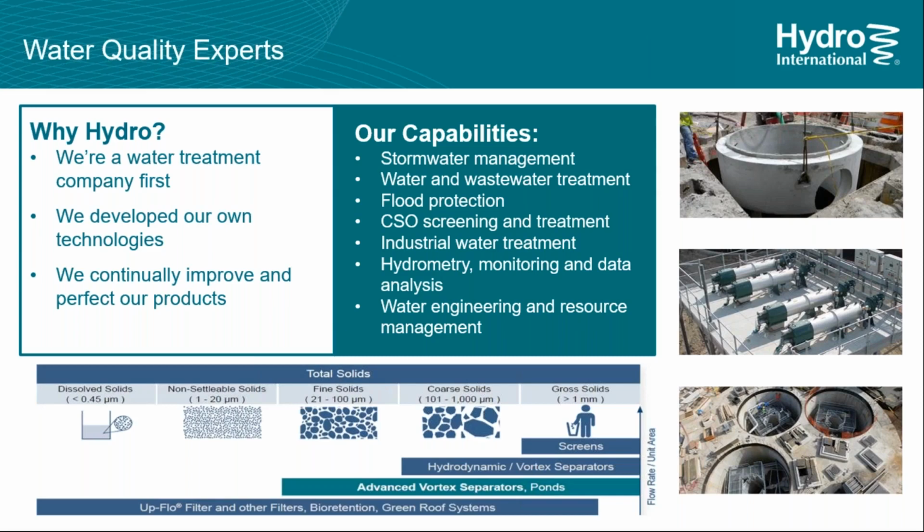And I just want to give you an idea. When I say 50 micron, that's really, say, baking powder, very, very fine material. And then your 100 micron to your 1,000 micron is what we think about as, say, beach sand. So that's typically what separators are designed to treat.